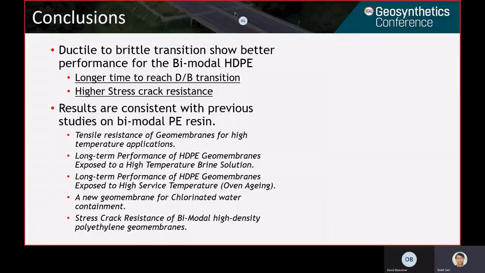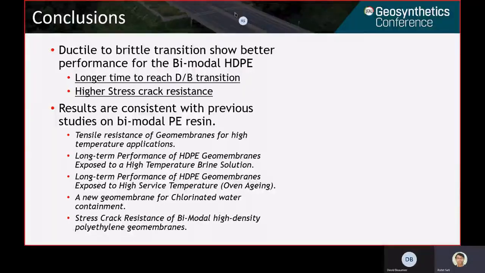As you know, MDPE geomembranes have served very well for a number of years, but they're occasionally challenged with demanding applications, and we have all seen that over the years. That's because of the lower density, which has led to slightly lower tensile strengths and of course lower chemical resistance. Now, coming to this study, the higher tensile resistance of this specific bimodal resin resulted in higher resistance in the ductile failure mode than standard HDPE.